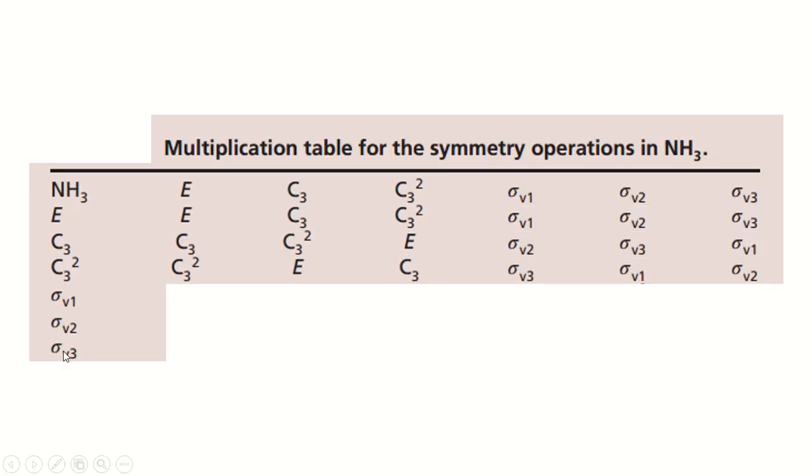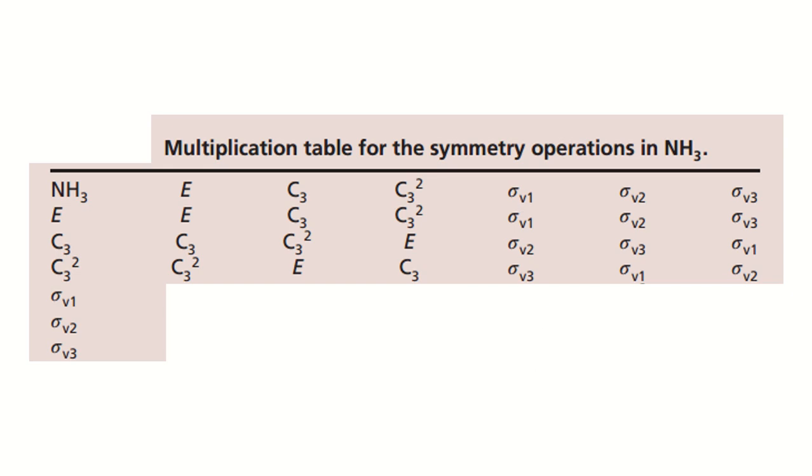What happens if we apply sigma V3 to C3 twice? This would be equal to the sigma V1 operation.